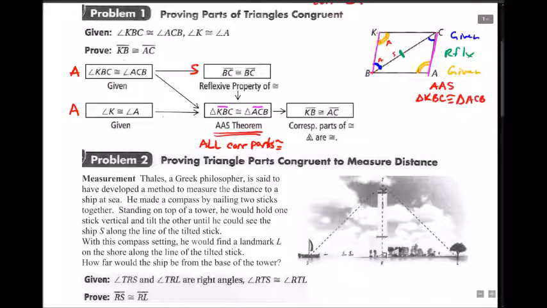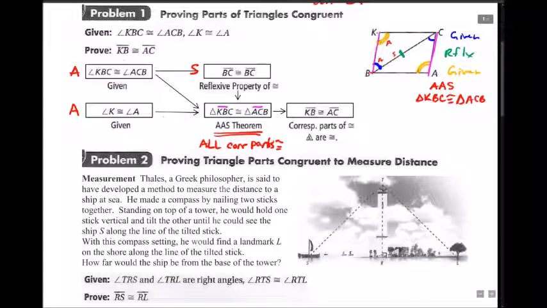So we used our 3 existing pieces, angle, angle, side, to make the triangles congruent. Now we know that all 6 pieces are congruent. All 3 angles, all 3 sides, and we should put corresponding in there. So all 3 corresponding angles, all 3 corresponding sides.